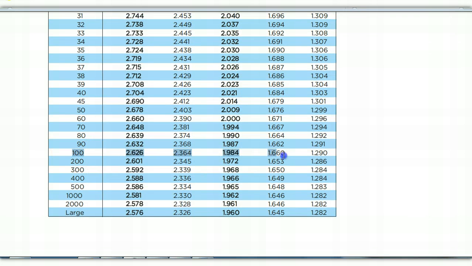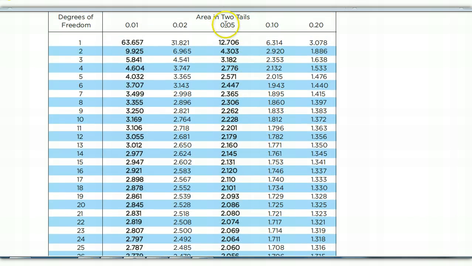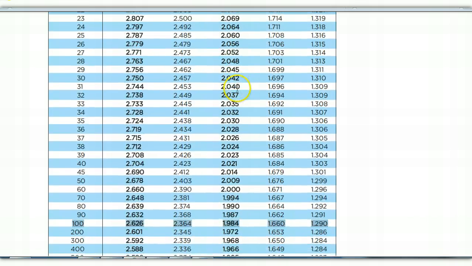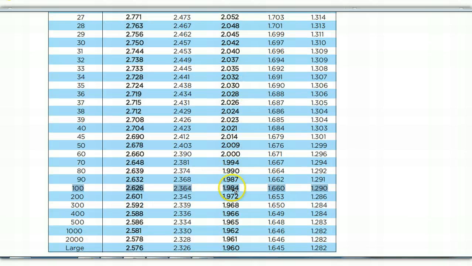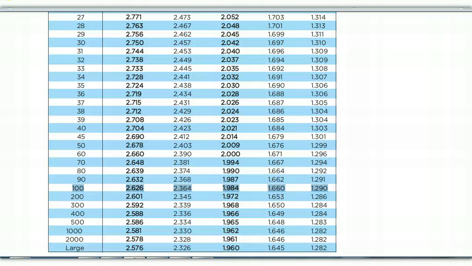So the 100 is the one we're going to use. So for a 0.05 test, which is kind of standard, that's why it's in bold, there's our critical t, 1.984.